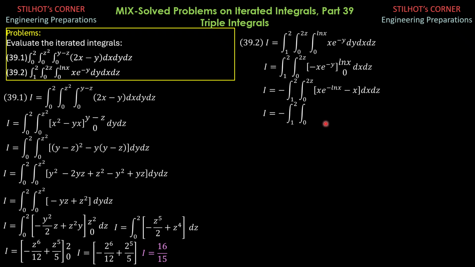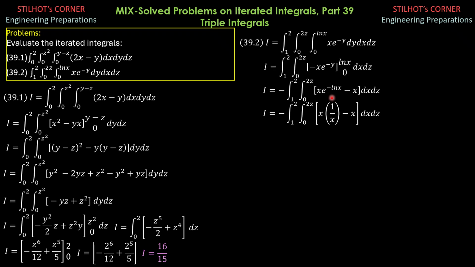So I equals negative integral 1 to 2, 0 to 2z of quantity x, 1 over x rather, because this is negative ln x, and that is also e to the ln of x to the negative 1.